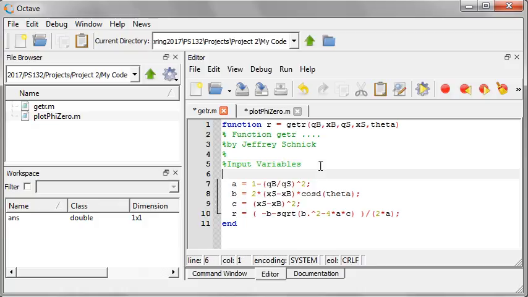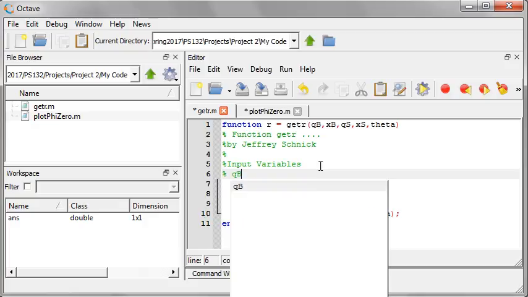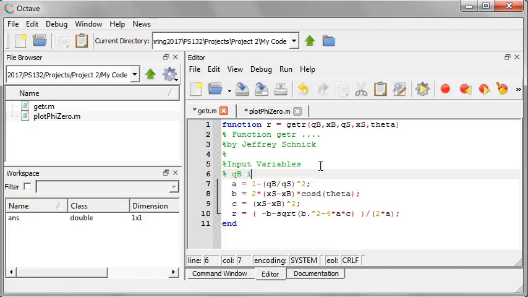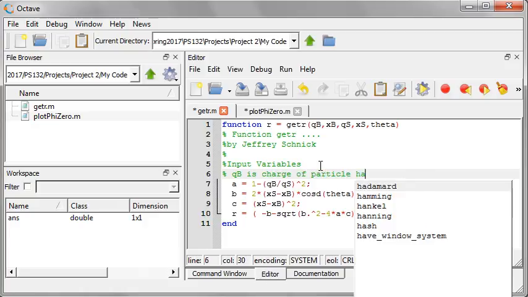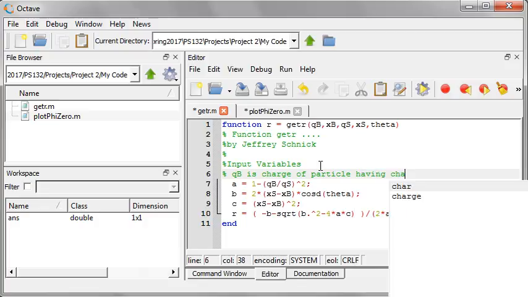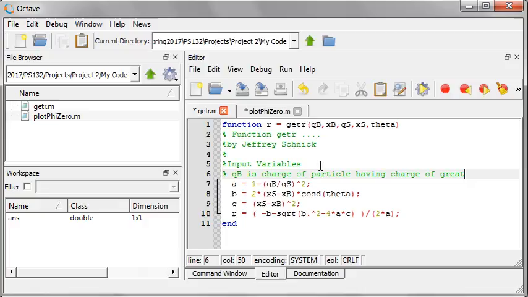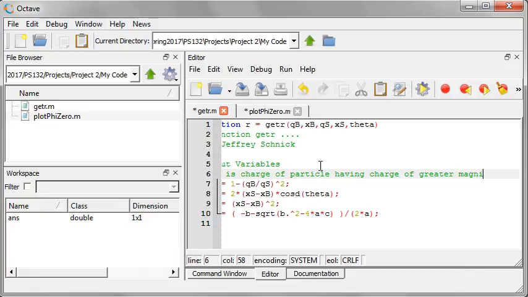I've got QB is charge of particle having charge of greater magnitude.